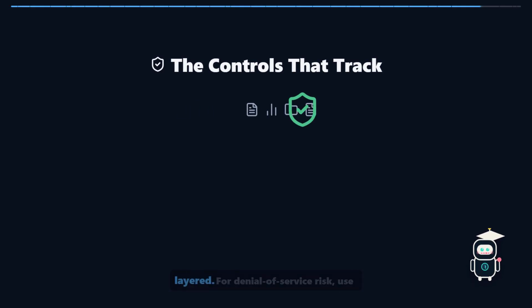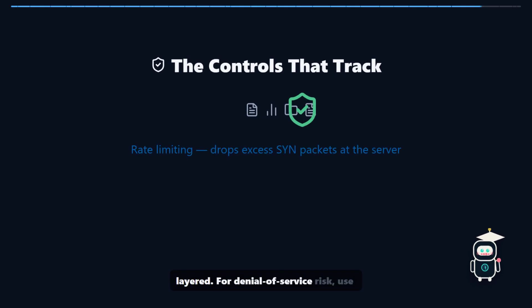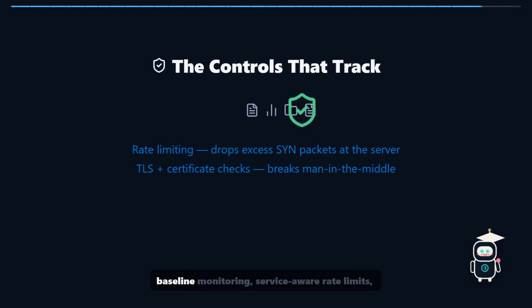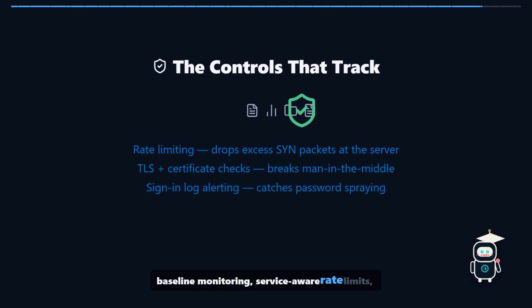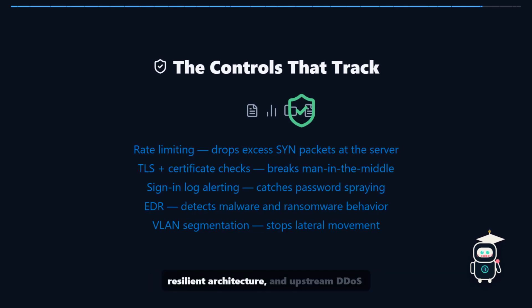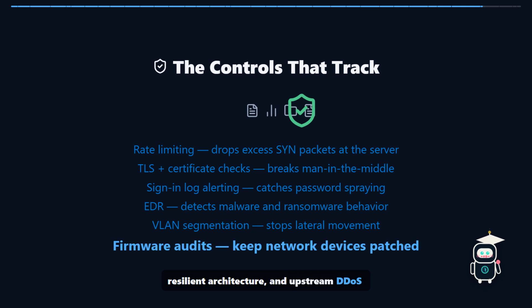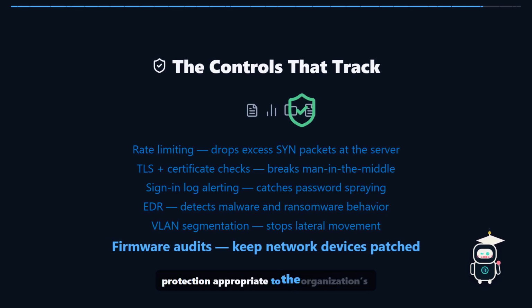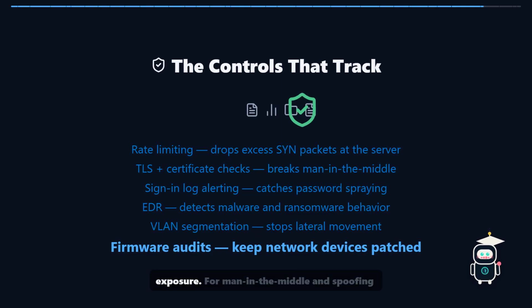Effective defense is layered. For denial of service risk, use baseline monitoring, service-aware rate limits, resilient architecture, and upstream DDoS protection appropriate to the organization's exposure.